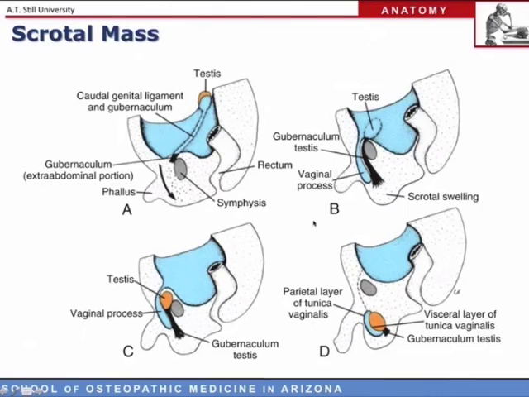All right, the other thing I want you to see in this slide is this funny word here called the gubernaculum, and the gubernaculum is said to be sort of the trailblazer that leads the way so that the testis knows where to go to get down into the scrotum.